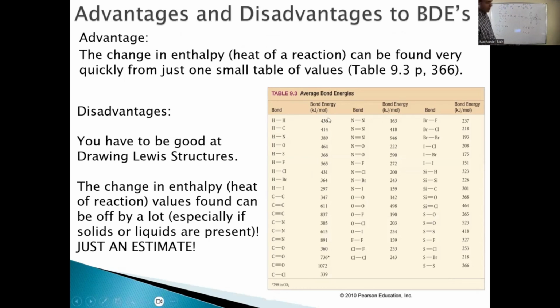There's a shortcut you can take there. We'll talk about that in a second. We're also going to break a C to C double bond. That's 611. We're going to break an H to H single bond. That's 436. And then, we already got the C to H. That's 414. The C to C single, 347.